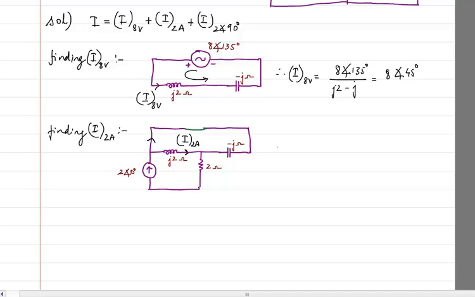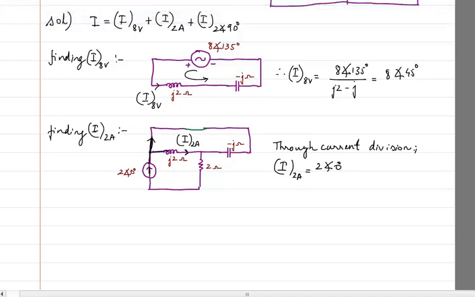So what is the current division rule? Through current division, what will I get? I of 2 amperes is the total current that is coming, which is 2 angle 0. This is the total current, and that total current flowing from here will get divided into 2 branches.